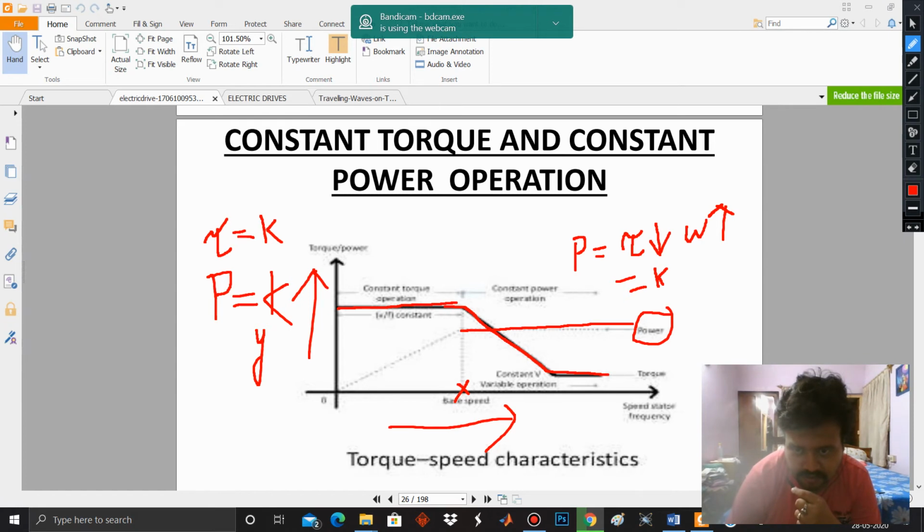So power here is constant, but before the base speed the torque was constant and the power was increasing, because omega is increasing.